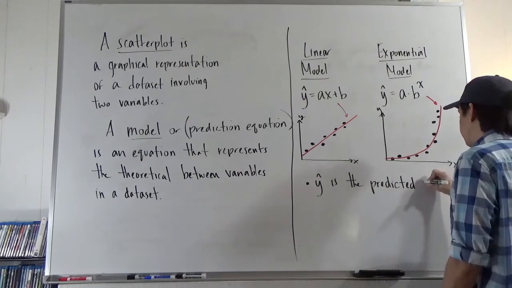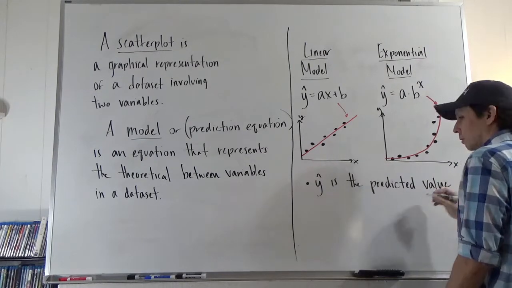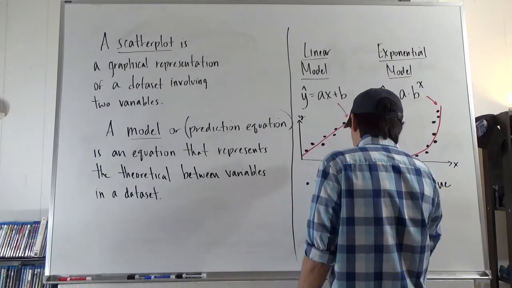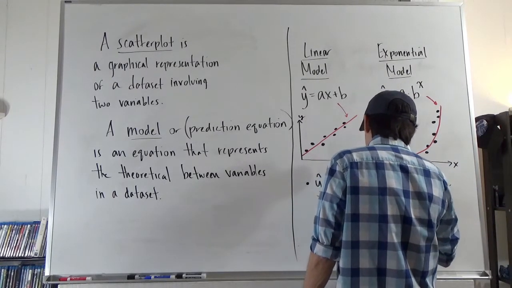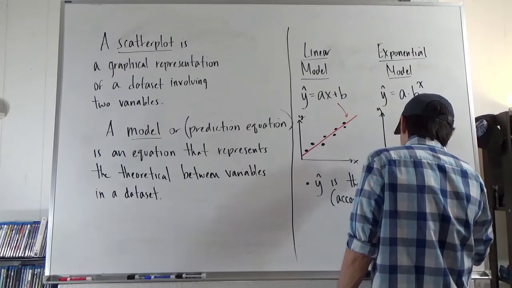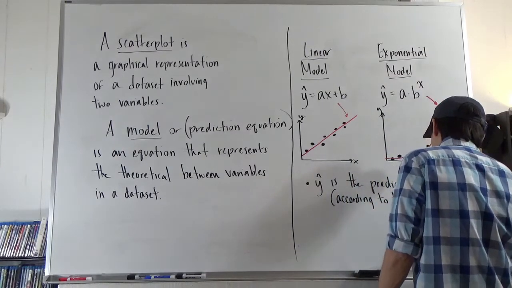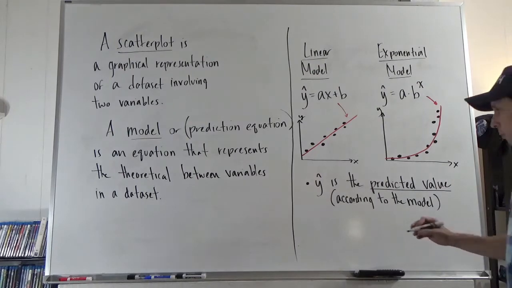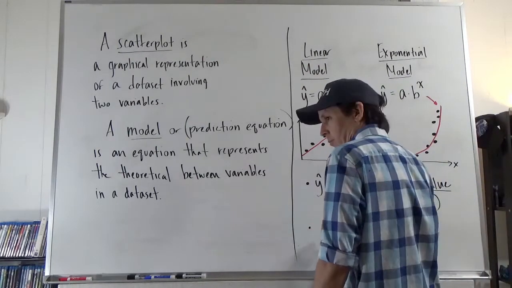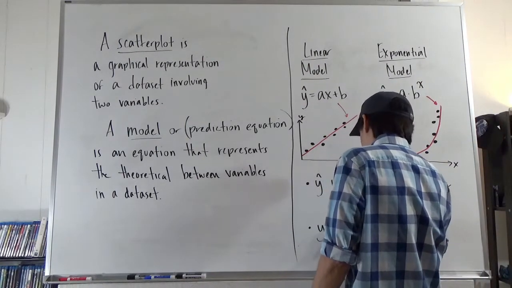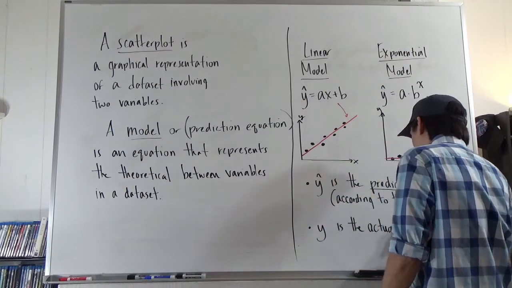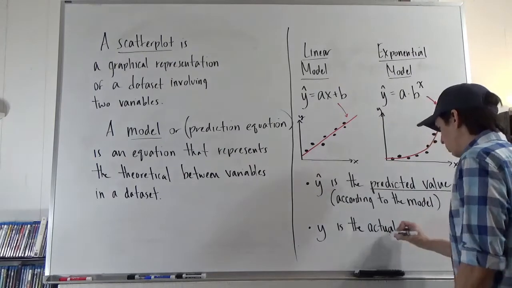Y hat is a predicted value according to the model. Predicted value is the term we're going to be using. Y is the actual or observed value.